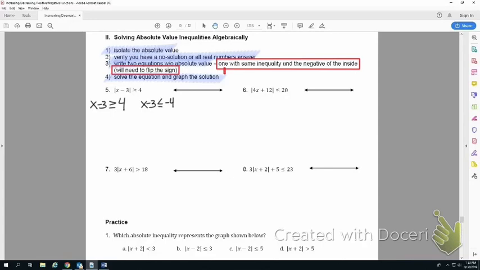Okay. From there, I just solve, so I add 3. I add 3. Got negative 1 and 7. If it helps you to put the inequality signs above, then you can do that to do your shading.